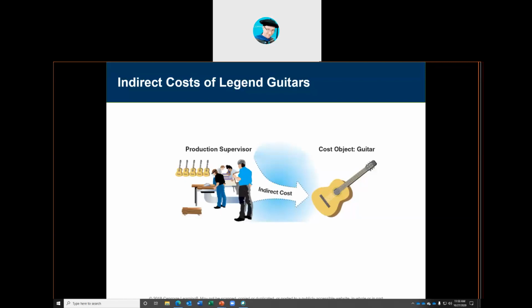Indirect cost is when you cannot physically touch the product. Make sense? Yes? Great. So indirect cost would be the production supervisor. We cannot directly trace his entire salary to the production process, so therefore the supervisor's salary is an indirect cost. We can allocate part of it, but not all of it.